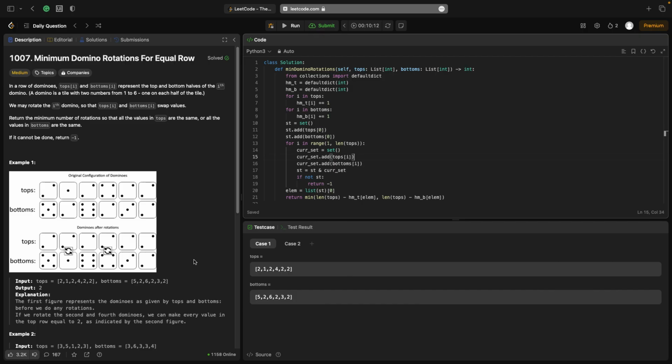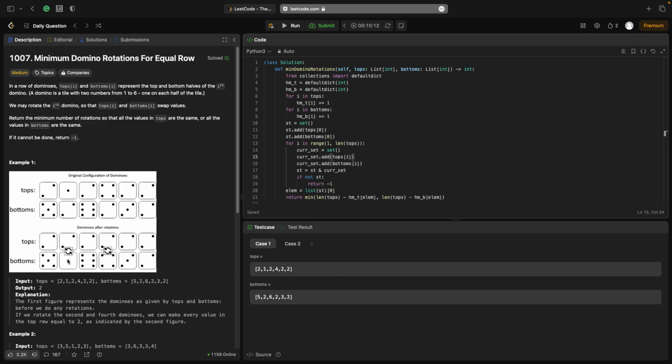So what you need to do is essentially identify all the unique values of dice for which it is possible for there to be a uni-value row. In this case, it was 2, right? And then you look at top or bottom, and you notice how many times you need to perform swaps to make sure that the value is obtained.